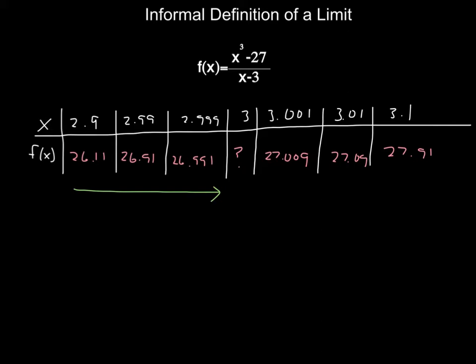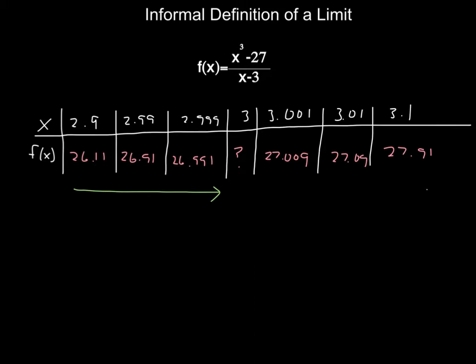Now let's look at what happens when we take values bigger than 3. We'll use 3.1, which is very close to 3, but we can move closer with 3.01 and 3.001. When I use 3.1, I get 27.91. When I use 3.01, I get 27.09. And when I use 3.001, I will get 27.009.